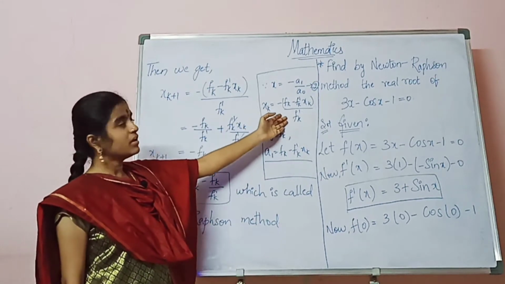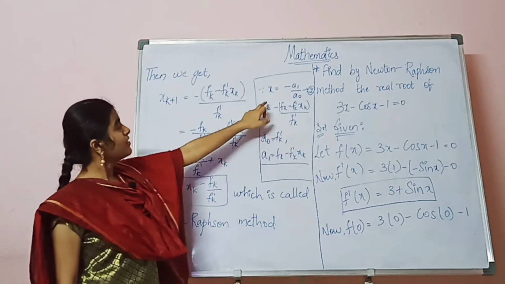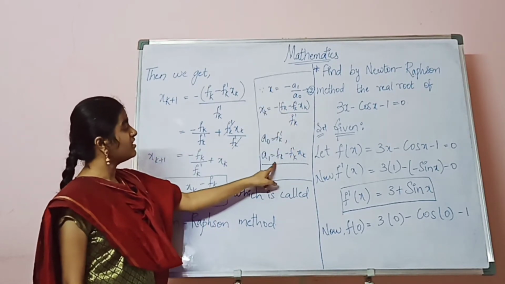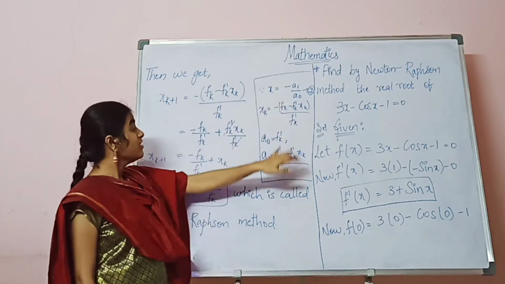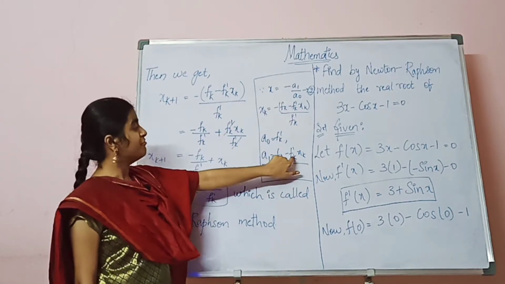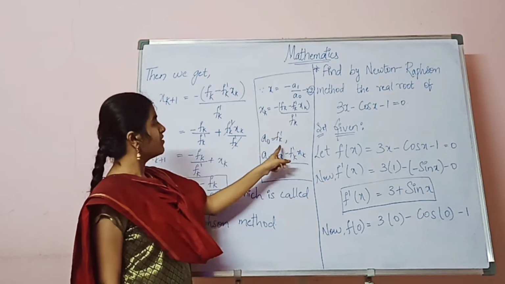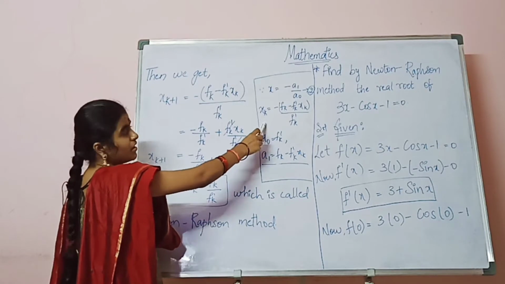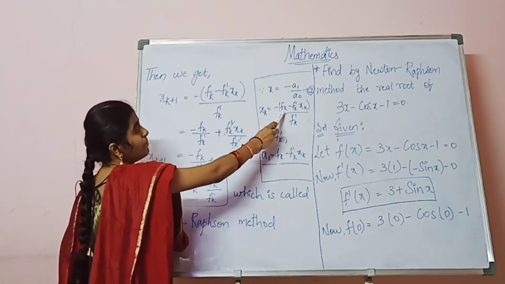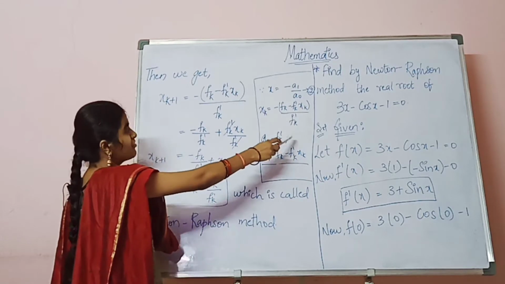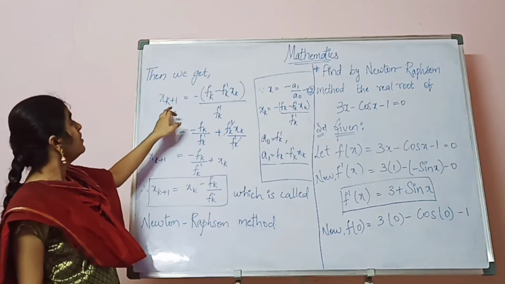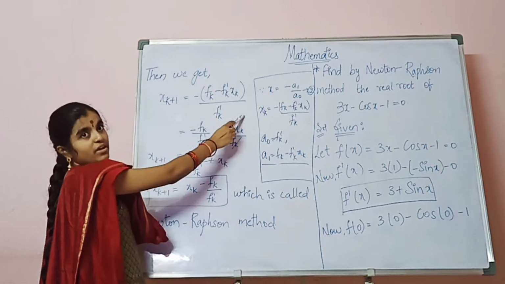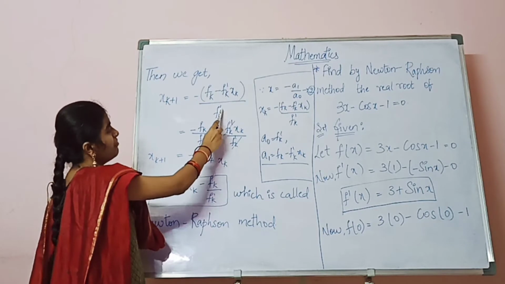So xk plus 1 equals minus fk minus fk dash xk by f dash k.